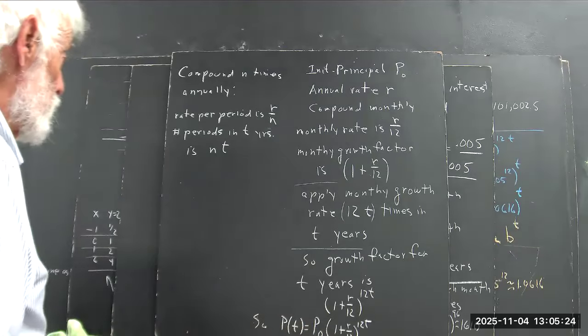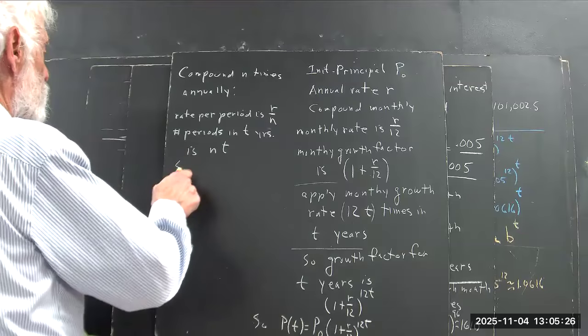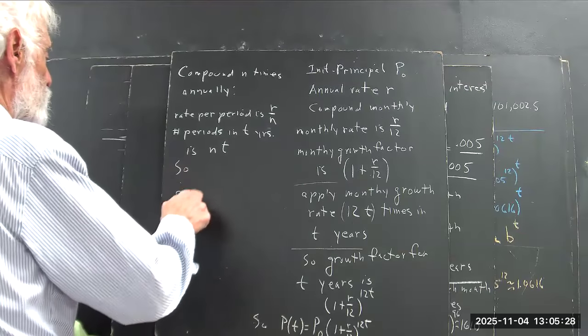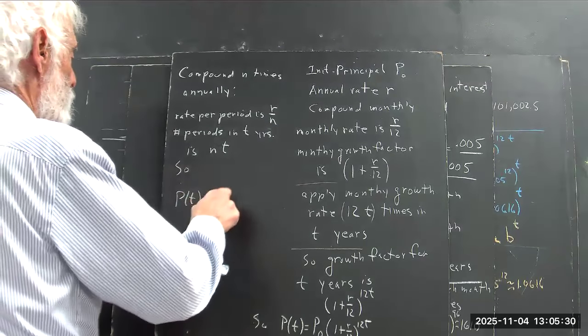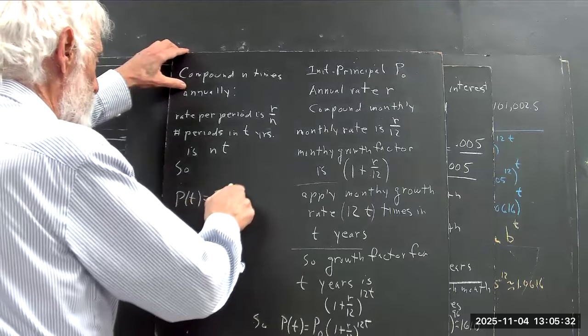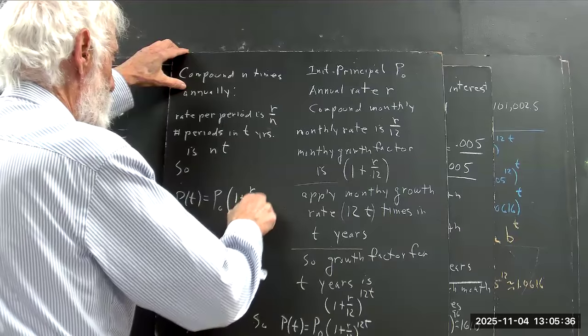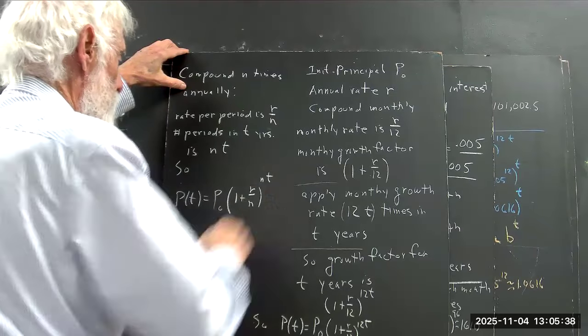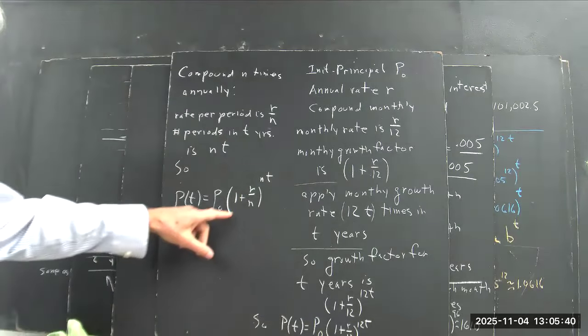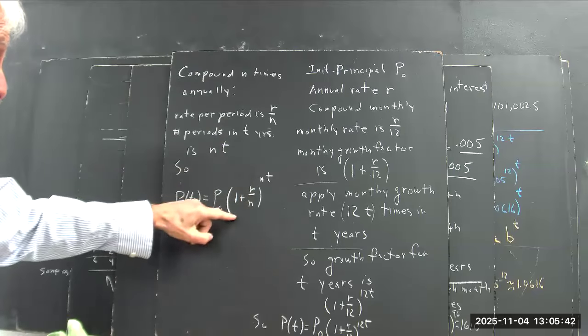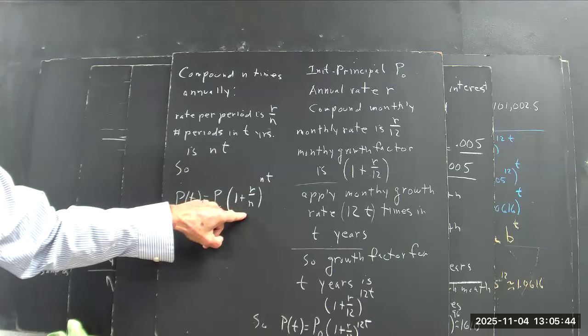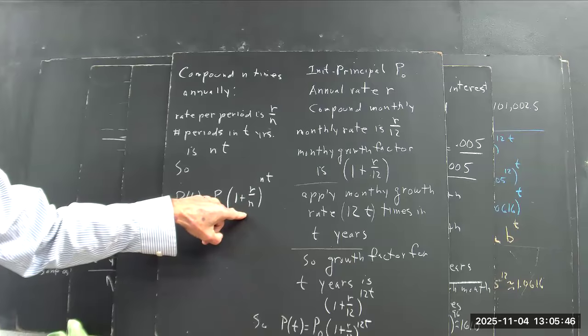But the formula in this case is: every period, every day, let's say you have this much, or you multiply by this much to get your new amount.